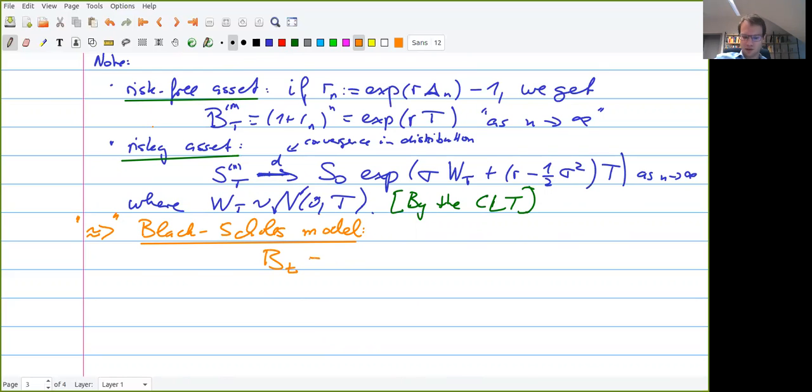So the interest rate at time t, so the risk-free asset at time t, so this is a model in continuous time, means we have a stochastic process which is indexed by now a continuous time set. And the risk-free asset is given by the exponential function times an interest rate t. Right?